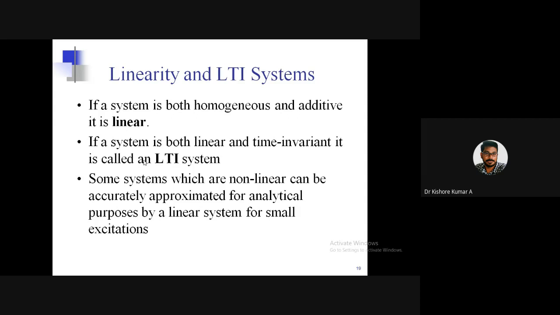If a system is both homogeneous and additive, it is linear. We just discussed the two properties, homogeneous and additive. If the system obeys these, then we can say that the particular system is linear. Now if a system is both linear and time invariant, it is called an LTI system, a linear time invariant system.